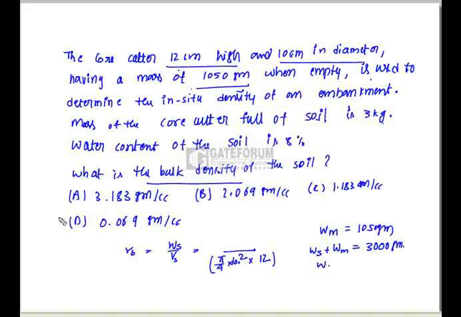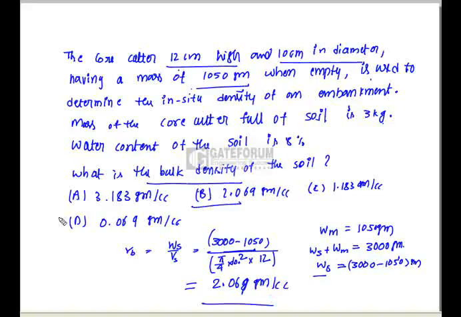So mass of soil, that is weight of soil, is 3000 minus 1050 grams, divided by volume of the sample, which is going to give 2.069 grams per cc. So here option B is correct.